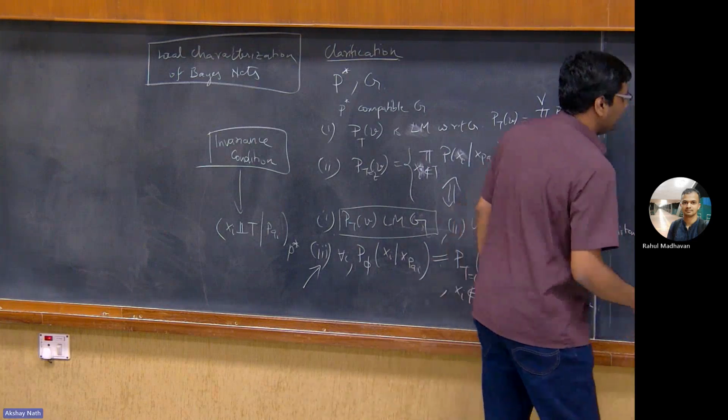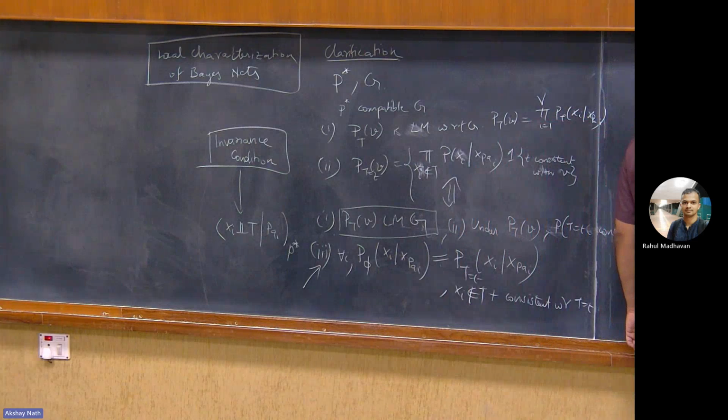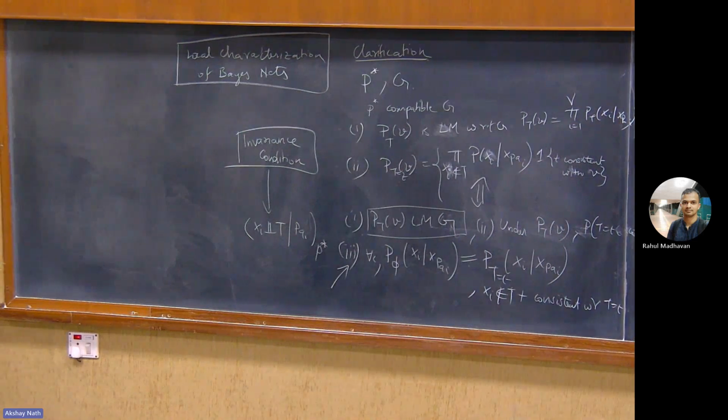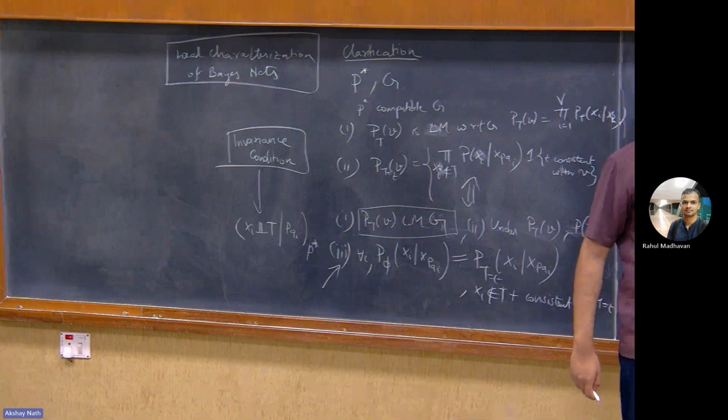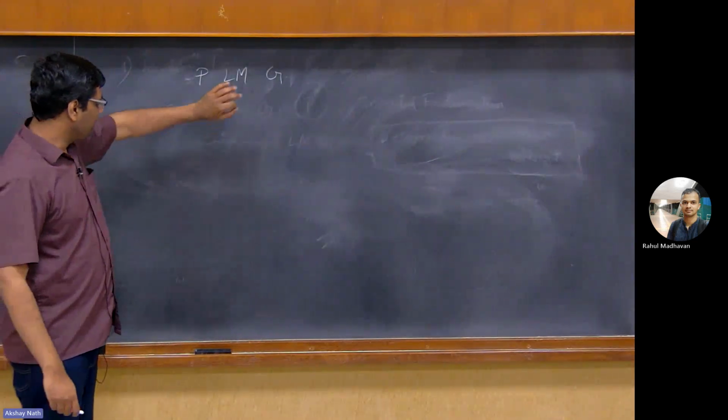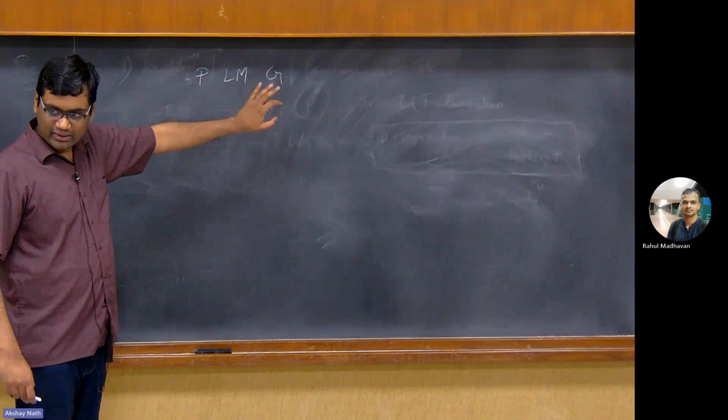Clarification aside, today we'll prove that suppose there is a graph G, and suppose P is locally Markov with respect to G. When I say locally Markov with respect to G, it means two things, so I have to be a bit more precise over here.